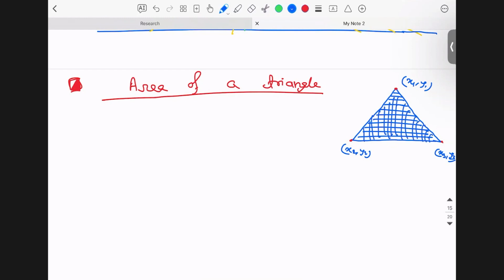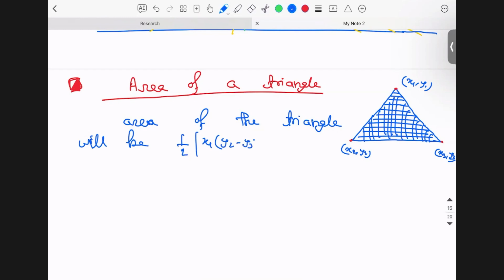We need to find this area. So the formula for the area of this triangle will be half of x1 into y2 minus y3, plus x2 into y3 minus y1, plus x3 into y1 minus y2.